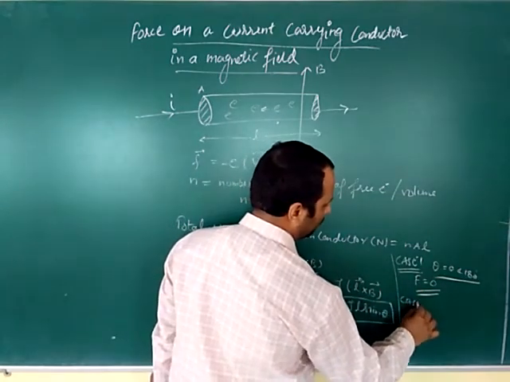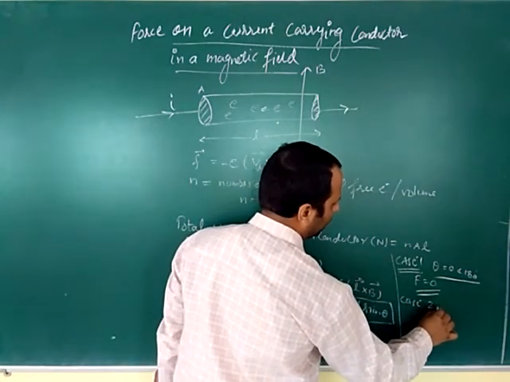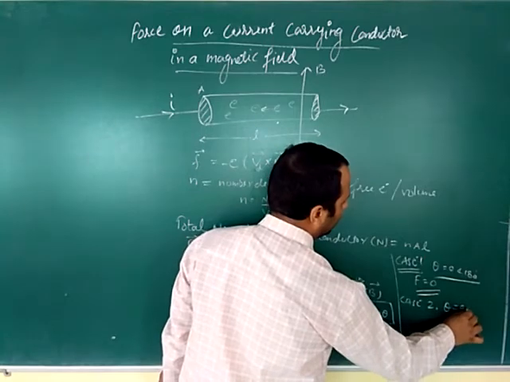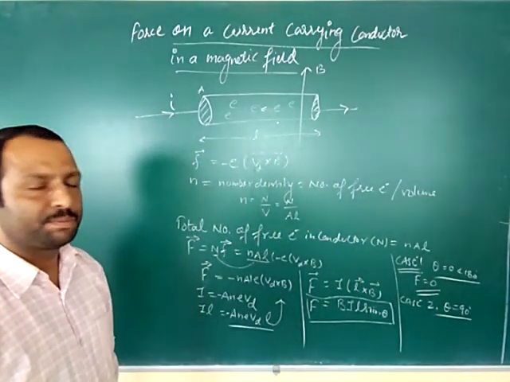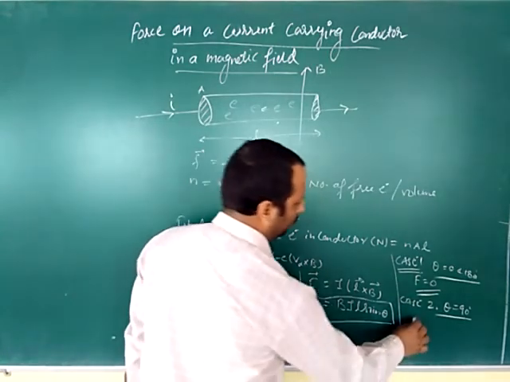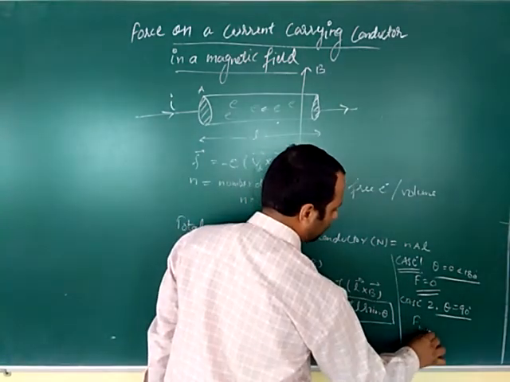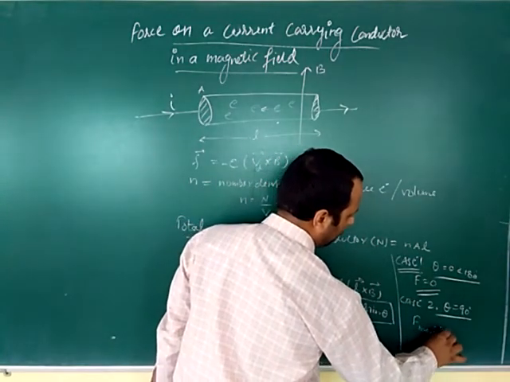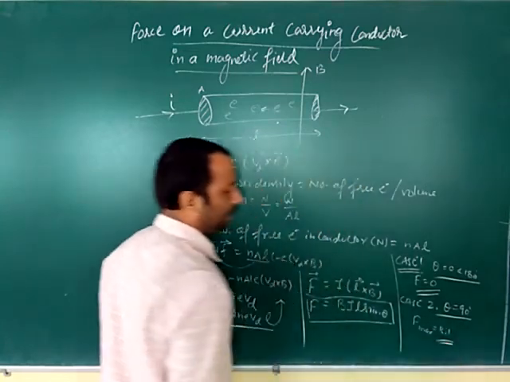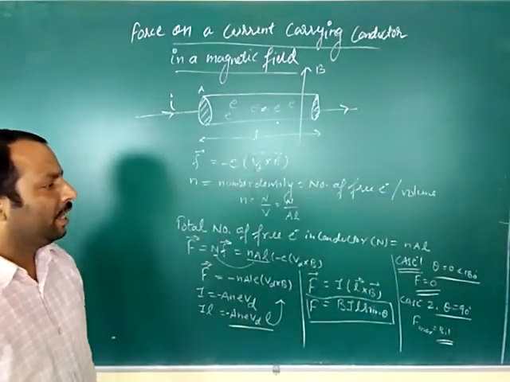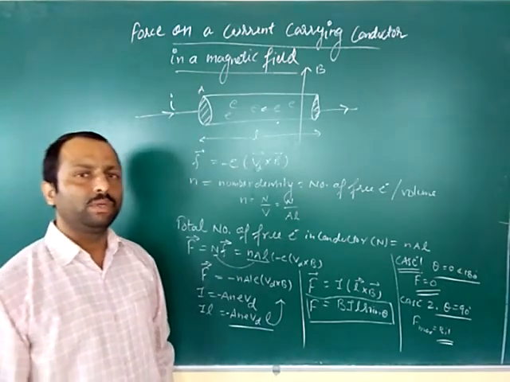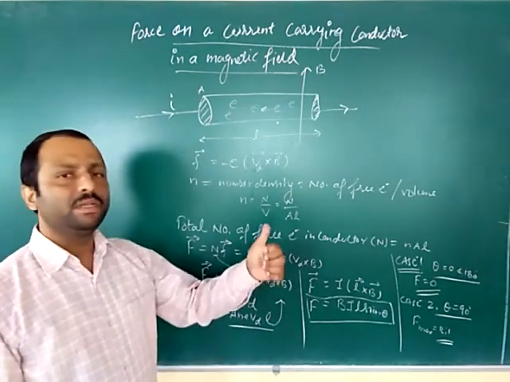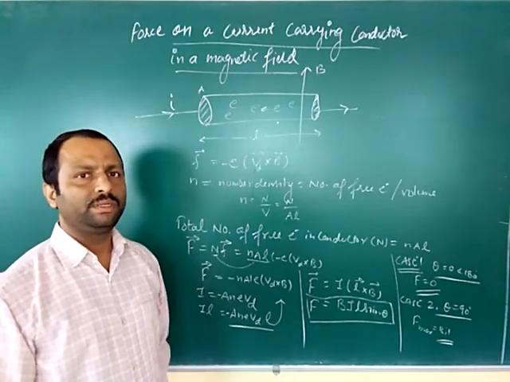Secondly, in case number 2, when theta is 90 degrees, it will experience a maximum force, that is B I L. And third thing is that the direction of the force experienced is calculated with the help of Fleming's left hand rule. Thank you.